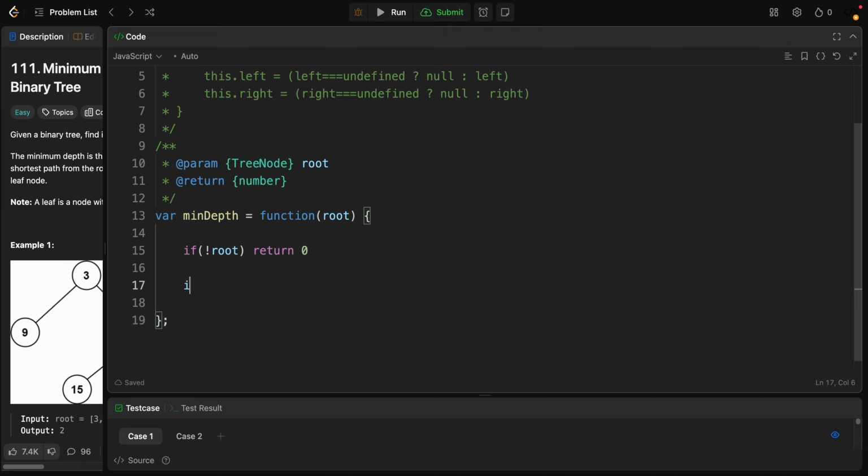If we have root.left, we return minDepth of root.left plus 1, and likewise if we have root.right, we return minDepth of root.right plus 1.